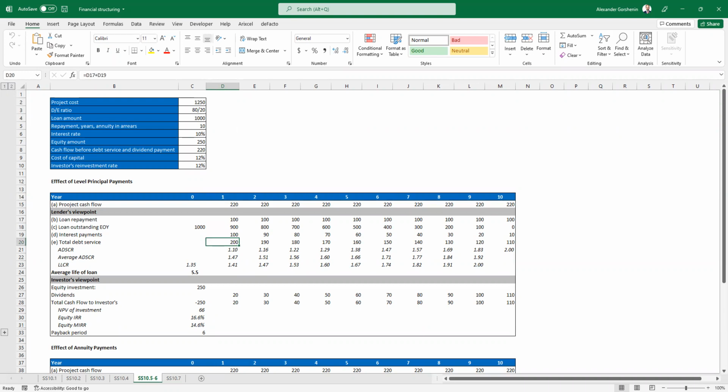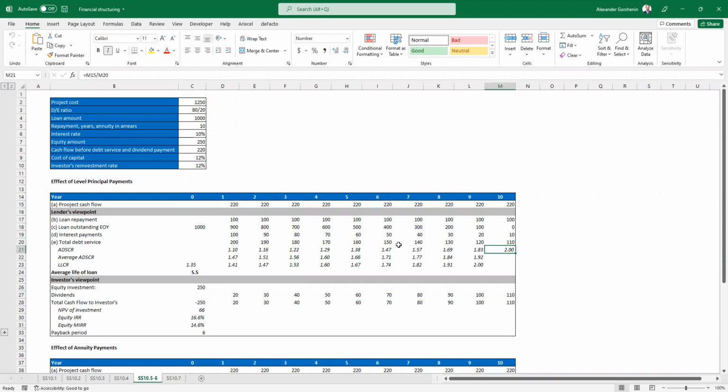And correspondingly, the ADSCR is 1.1, too low for comfort in year 1. You can see here that it equals 2 in year 10, really much higher than probably needed. So really an uneven distribution of the ratio and the total debt service between years.